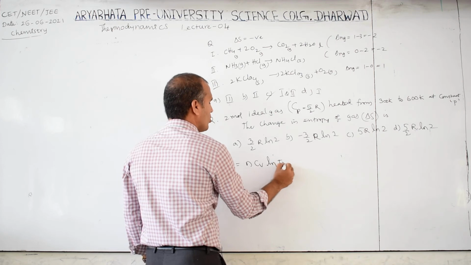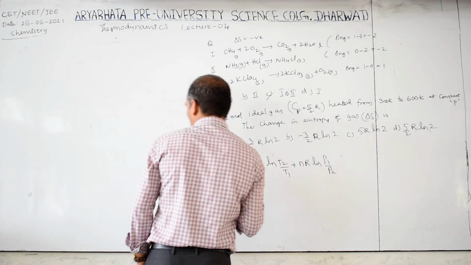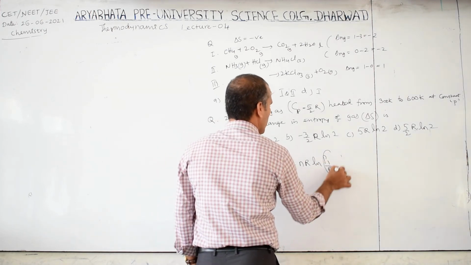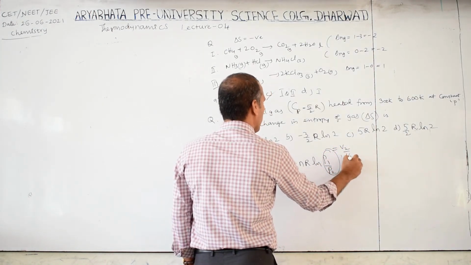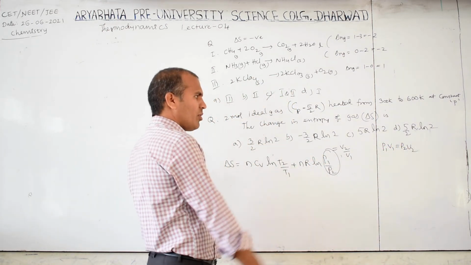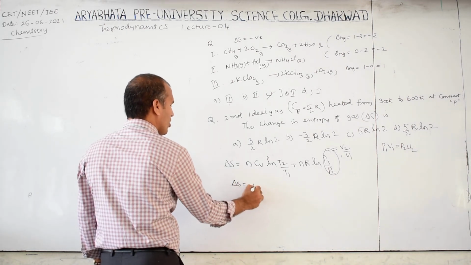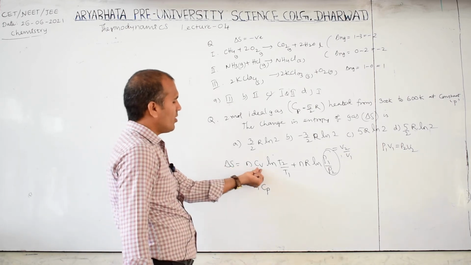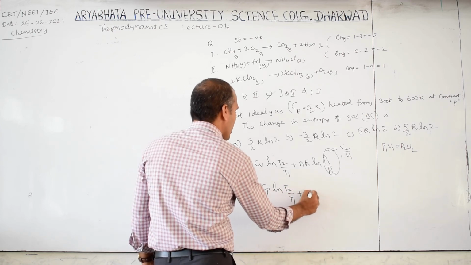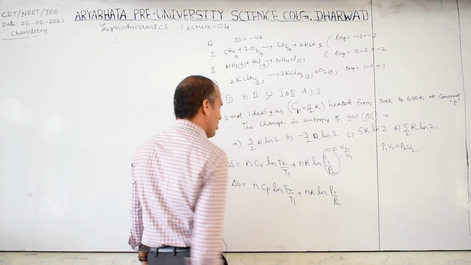Otherwise, instead of V2 by V1 you can write P1 by P2, because P1 V1 is equal to P2 V2. Similarly, delta S is equal to nCp ln T2 by T1 plus nR ln P1 by P2. The first is at constant volume, this is at constant pressure. You can write V2 by V1 instead of this also.